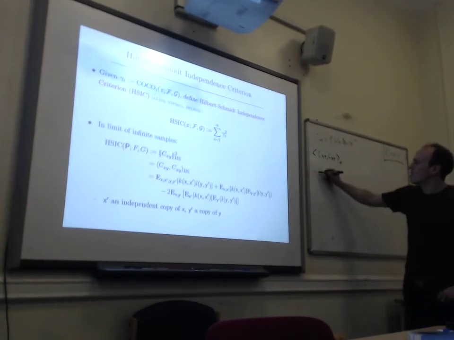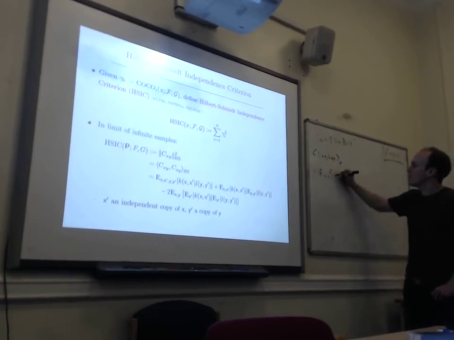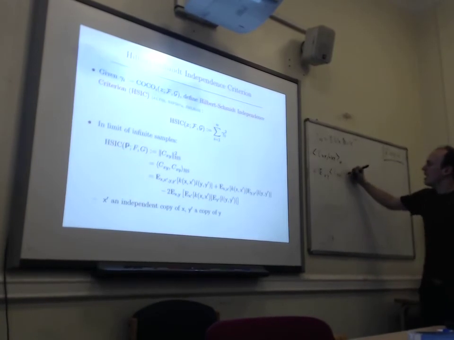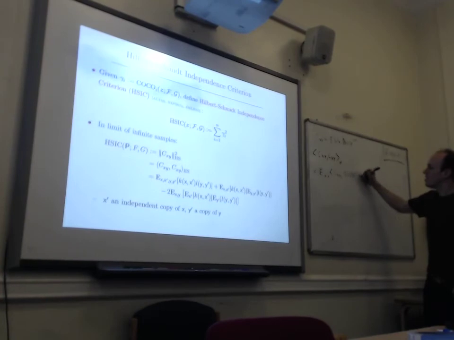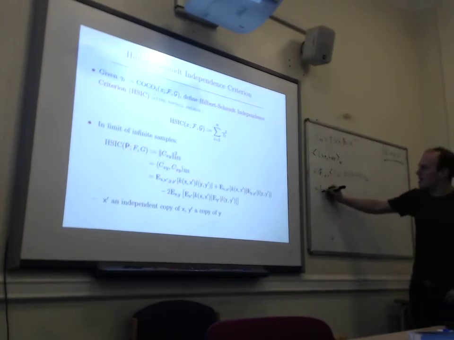What do we know about the covariance? This is the expectation over x and y of phi x tensor phi y. I've just replaced this covariance by its definition, and then I've got another covariance here.